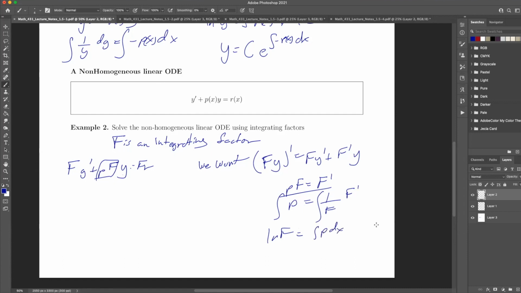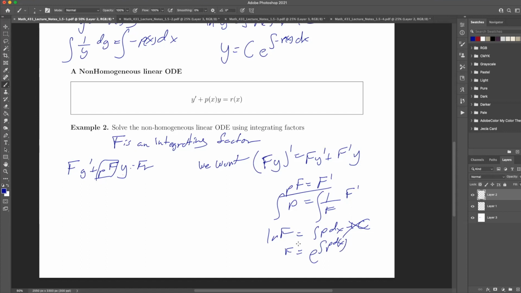Notice p is already a function of x, so I can do this integration. In this case, we don't need the c. It's just not necessary, so we're going to leave it off. And so f is equal to e to the integral of p dx.